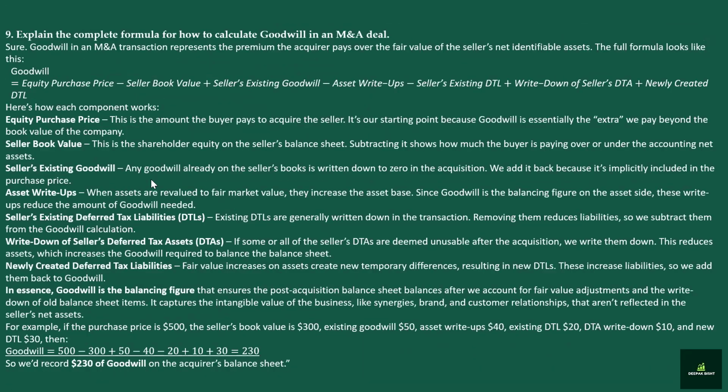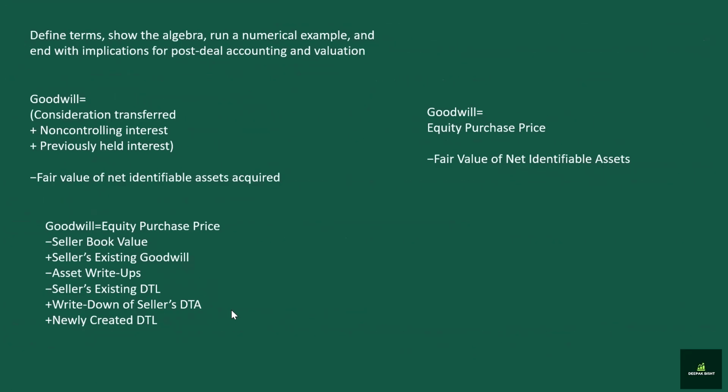Coming back to the question, let me break it down. Consideration transferred plus non-controlling interest plus previously held interest is the equity purchase price.